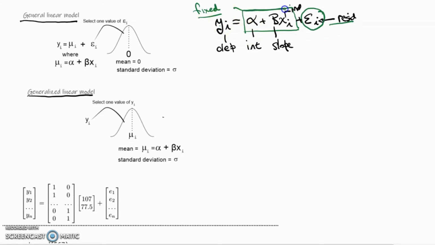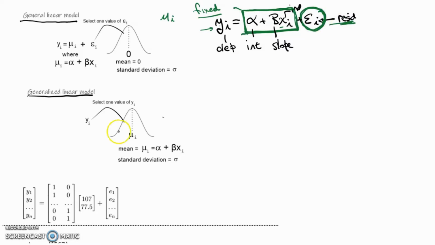Another way to think about this bit here is that it's equal to mu i, the expected value of y i for any given value of x i. So we start off with the fixed component, and then we add on to it the residual.